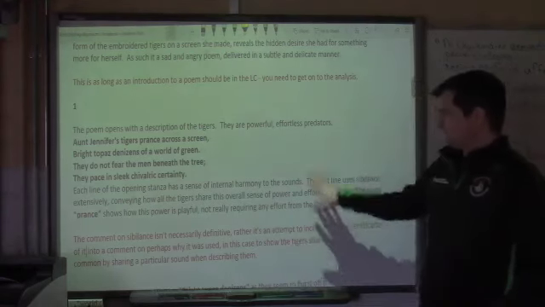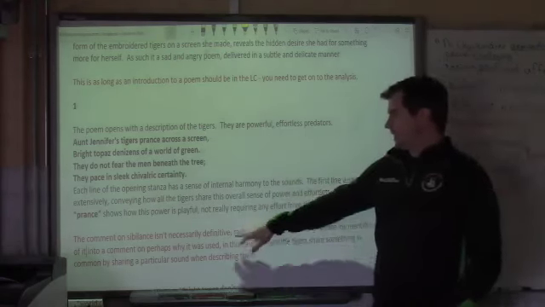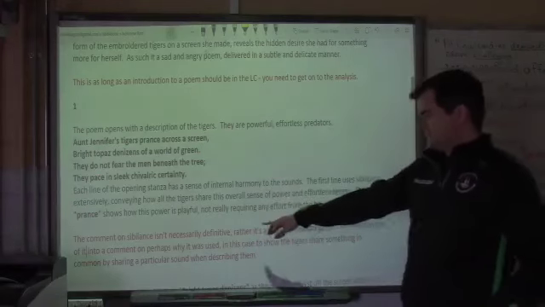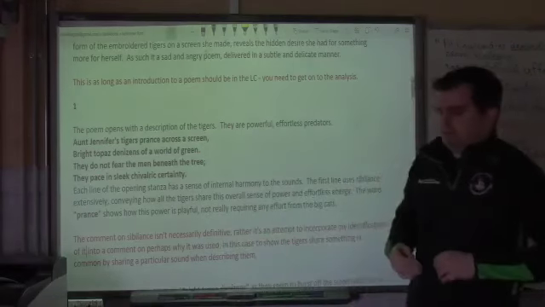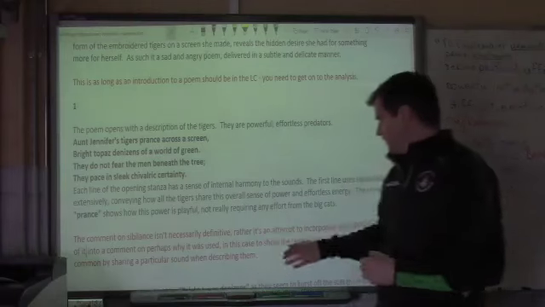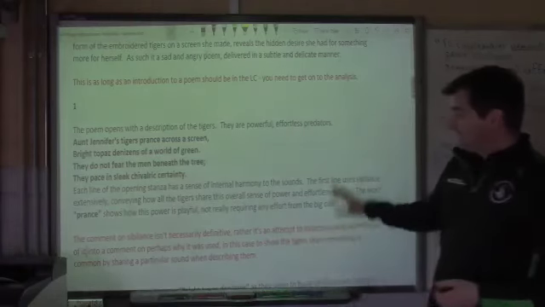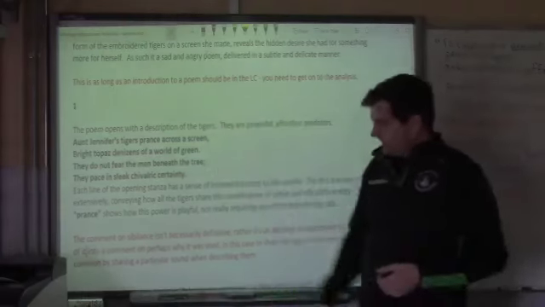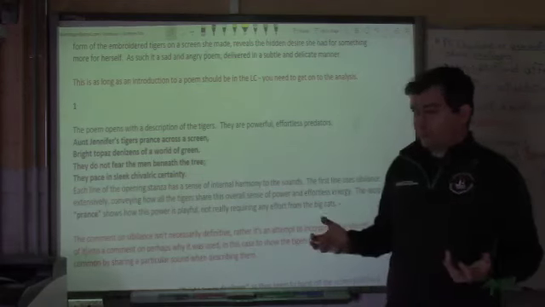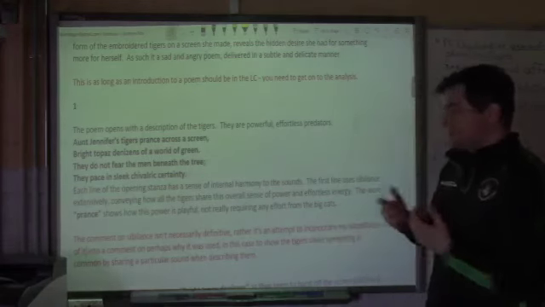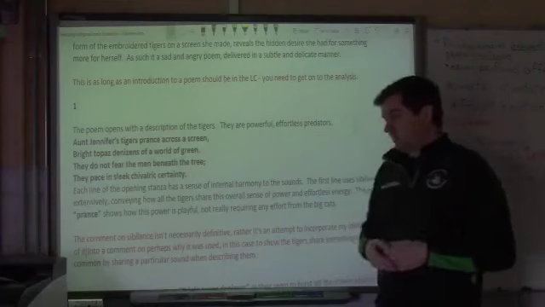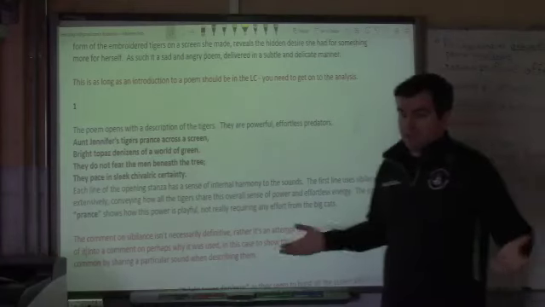So let's have a look at what I'm saying here. The comment I made about the sibilants isn't necessarily definitive, meaning it's not wrong if you don't say it. Rather, it's an attempt to incorporate my identification of this technique into a comment on perhaps why it was used. In this case, to show that tigers share something in common by sharing a particular sound when describing them.